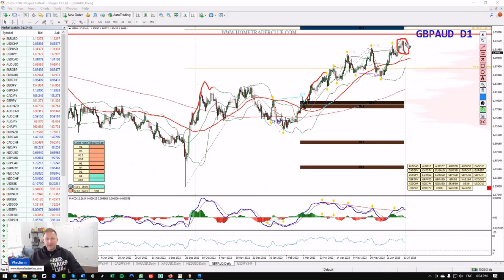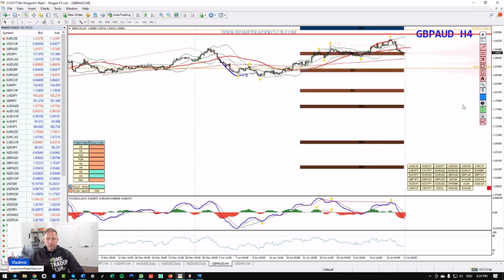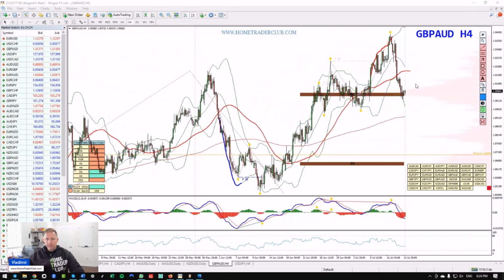This is a fantastic reversal with an engulfing at the end of the rally. The most recent two candles that made higher highs are broken, engulfing, and a verification candle. Absolutely fantastic technical sign. And on the 4-hour chart, we can see that the market is making lower lows already.